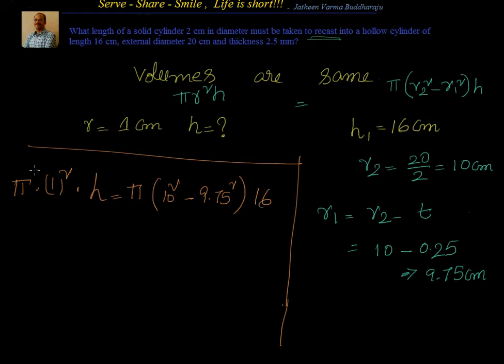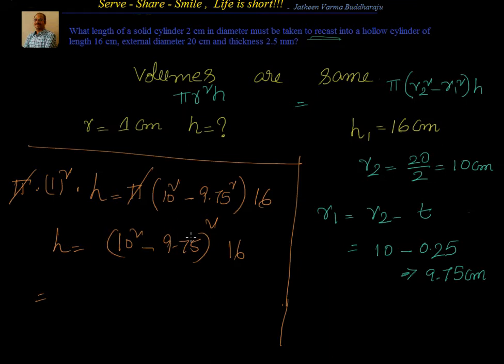Now we have to simplify that to find the length of the solid cylinder, nothing but the height of the cylinder. So H equals 10 square minus 9.75 whole square into 16.